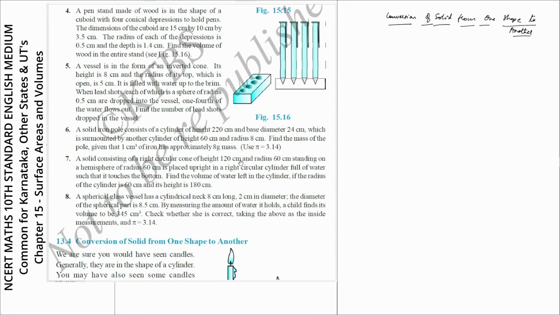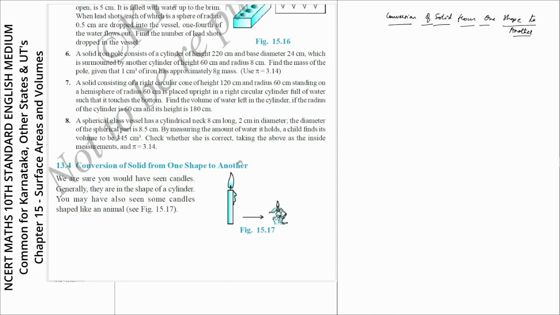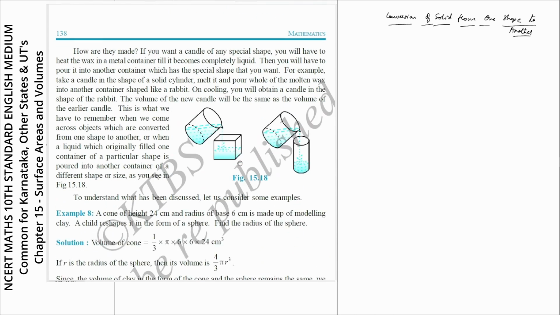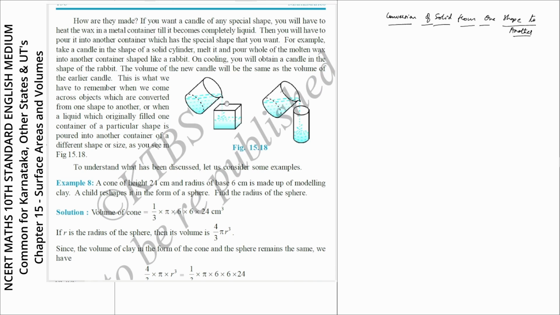The next topic in this chapter is conversion of solid from one shape to another. So now consider the example in this textbook. Consider this cylinder which is full of water, and water is poured to another container which is cube in shape.